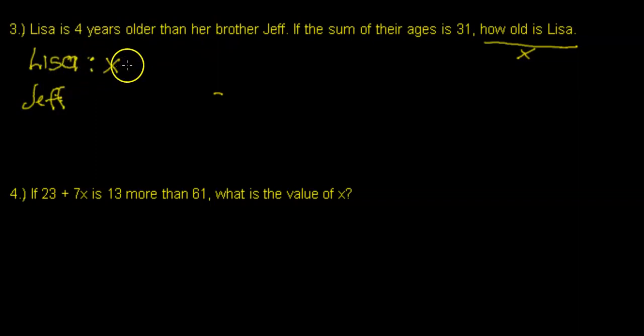So if Lisa is X years, then Jeff will be X minus 4, right? Because this makes Lisa older than the brother by 4 years.